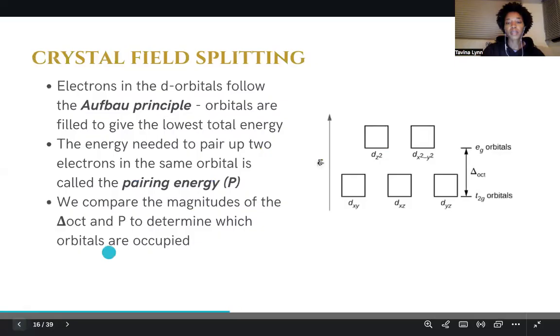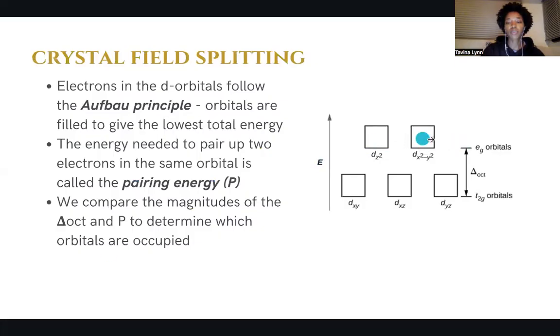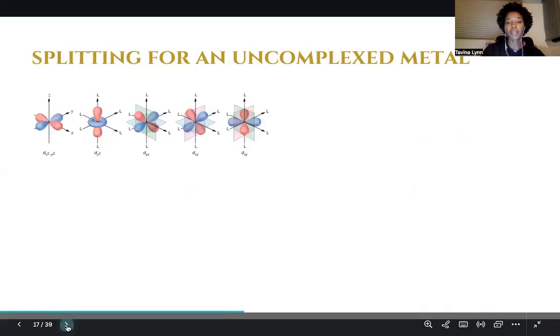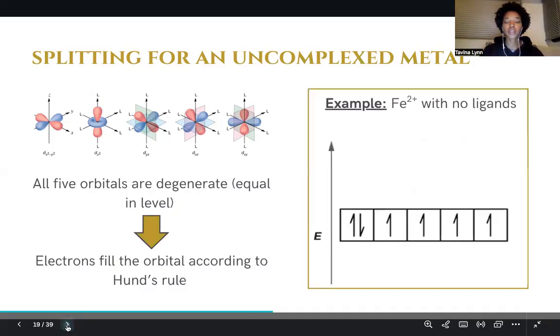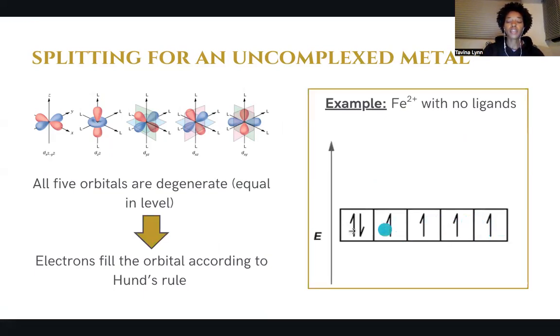In this splitting, right, these 2 orbitals are degenerate, they are equal in level, and then these 3 are equal in level, right? But when we don't have a ligand, all 5 are equal in level. So the electrons will fill these orbitals according to Hund's rule, right, which says that each electron will occupy each orbital singly before pairing up.